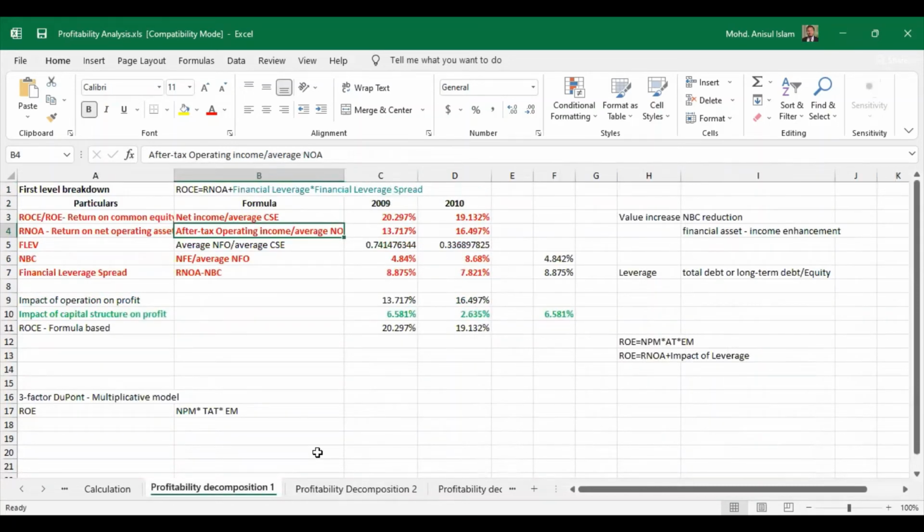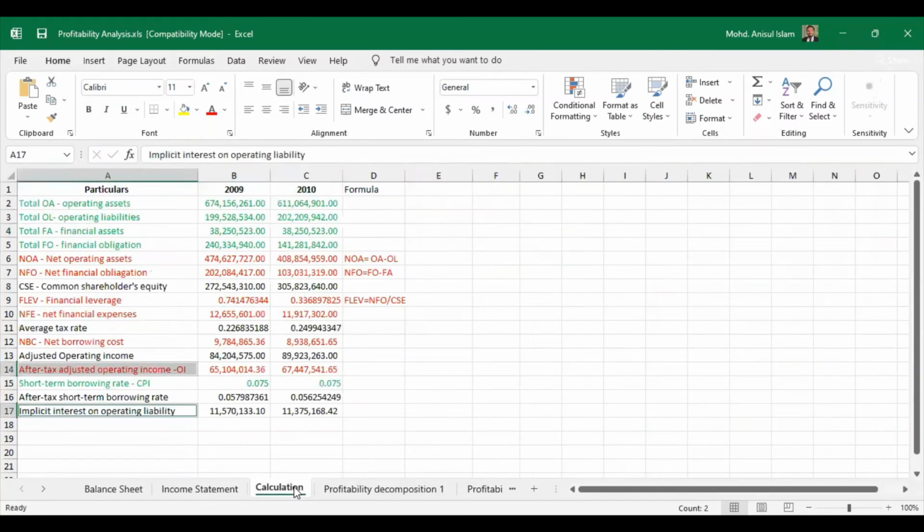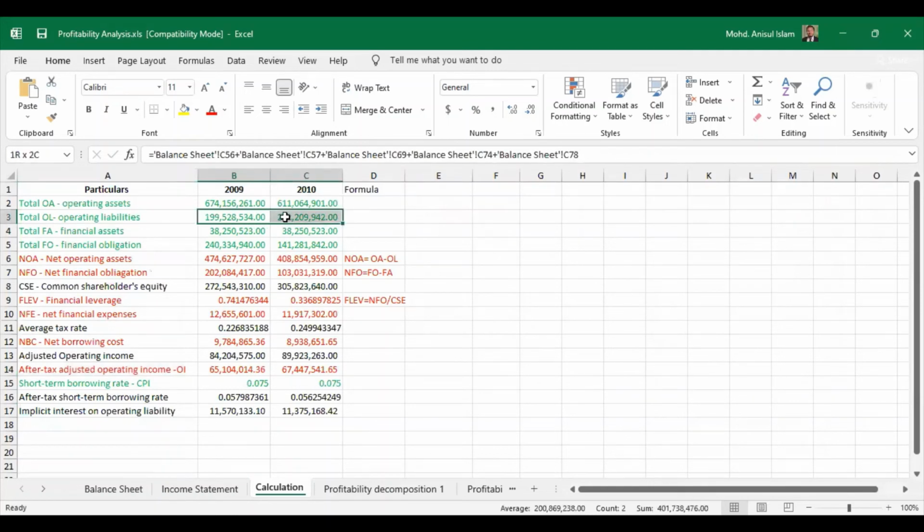Okay. Since the company has significant operating liabilities, we calculated in the calculation sheet the operating liabilities: you see 199 million in 2009 and 202 million in 2010.